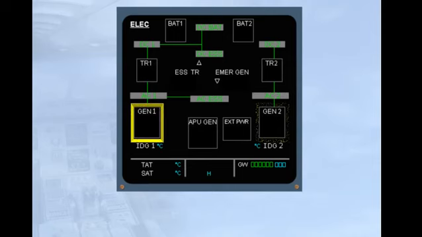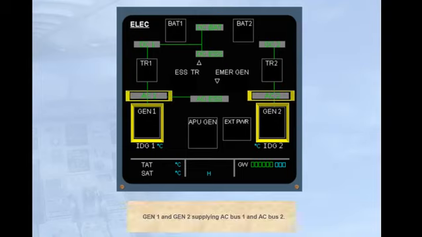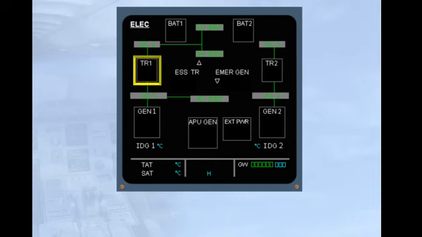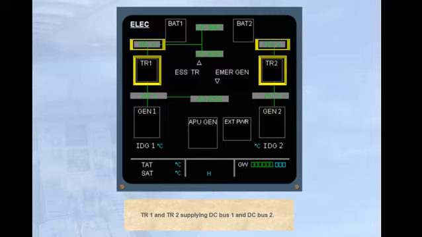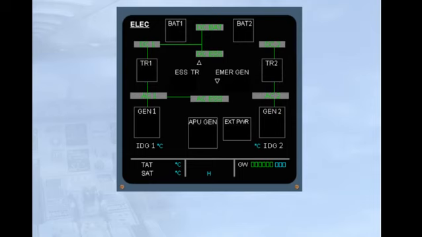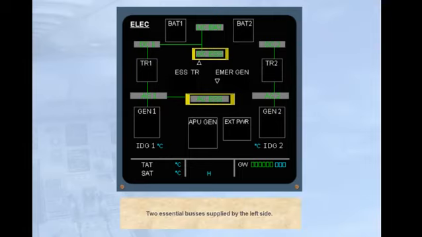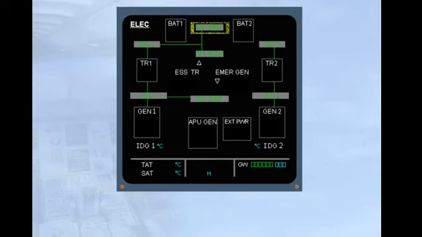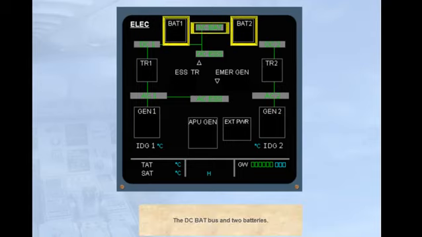Gen 1 and Gen 2 supplying AC bus 1 and AC bus 2. TR1 and TR2 supplying DC bus 1 and DC bus 2. Two essential buses supplied by the left side, the DC BAT bus, and 2 batteries.